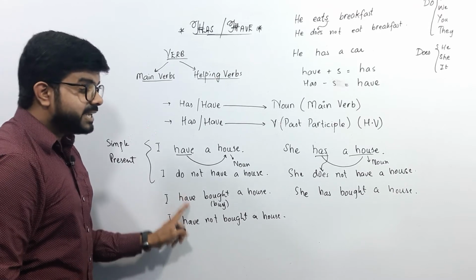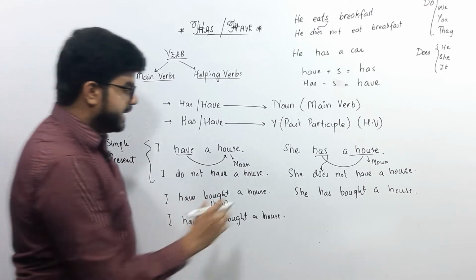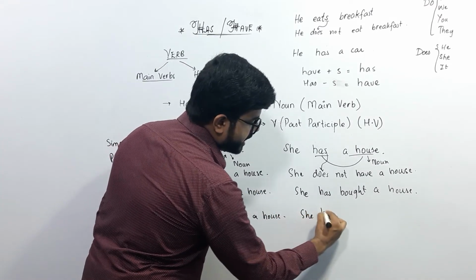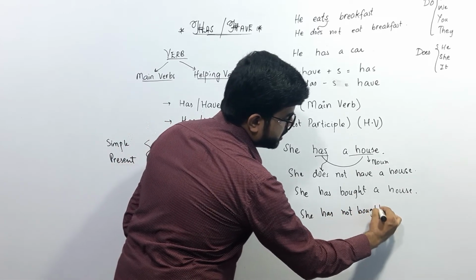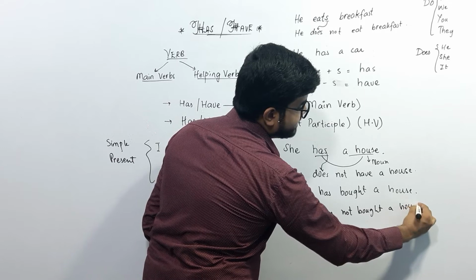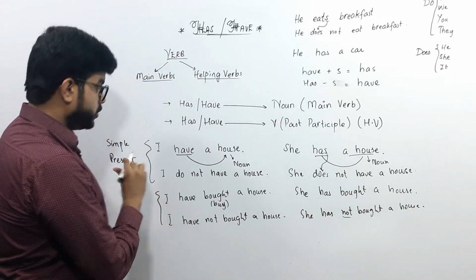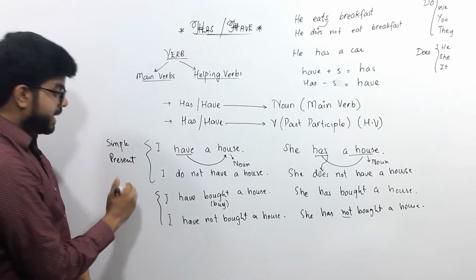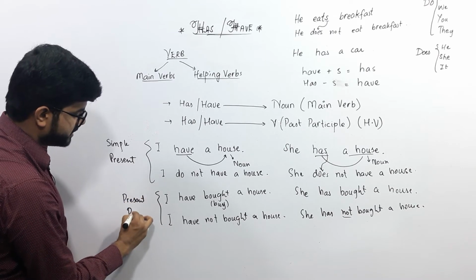It means it is not a main verb, it is a helping verb over here, right? And let's do the same thing over here. She has bought a house. She has not bought a house. I simply added not over here in the negative sentence, right? So over here, these two sentences are simple present, right? But over here, they are present perfect.